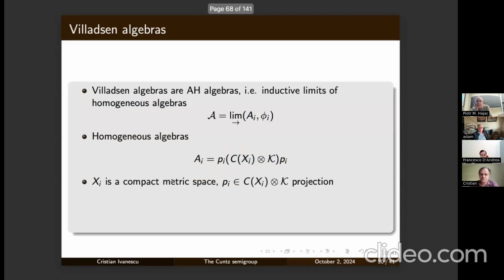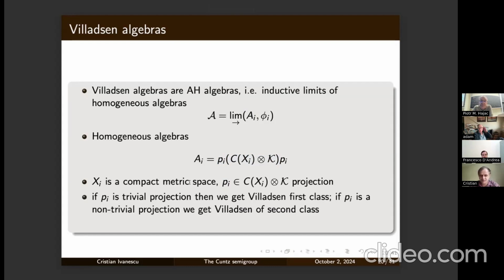If the projections are trivial, then we get what we call the first construction of Villadsen. If the projections are non-trivial, then we are going to get the second type. Now, I should say that I'll restrict myself to the first type, so I'm going to assume that the P_i of these projections are trivial, in which case this becomes just M_n. In other words, this compact operator, when you cut down, is going to give you just matrices over continuous functions.